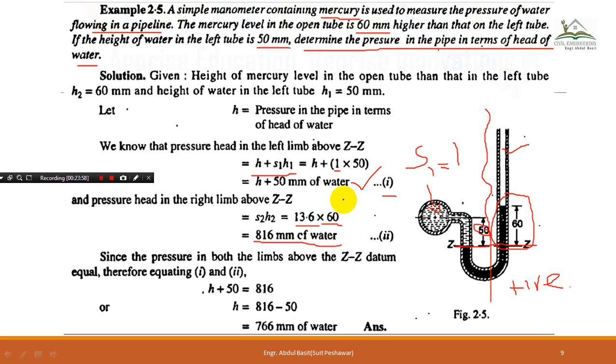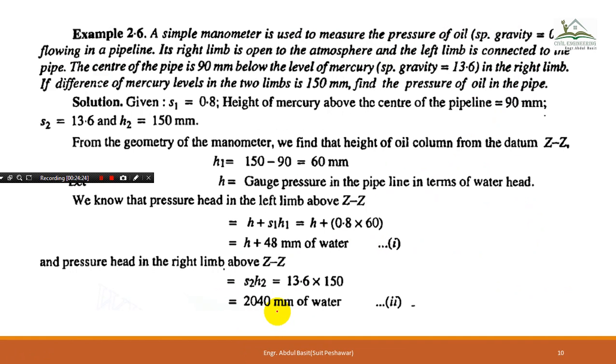Now equating equation 1 and 2, as the pressure in both limbs is equal, equation 1 will be equal to equation 2. From these two equations you can determine H for yourself. Here it is, so this will be equal to 766 millimeter of water.